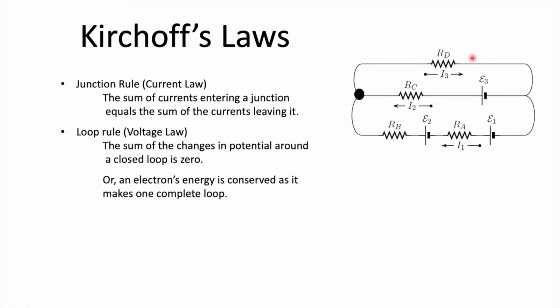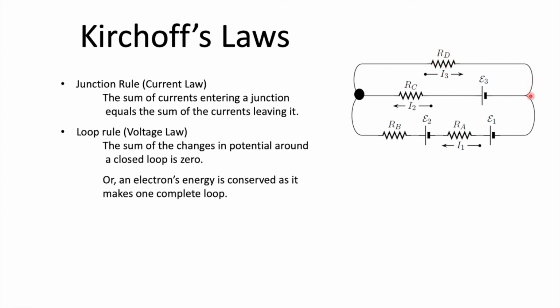That's one key point, please do not forget that. So your positive test charge goes from high potential to low potential, and the potential decreases. And what does the potential equal here? From Ohm's law, V equals IR, and we'll write that potential change as negative I3 times RD.